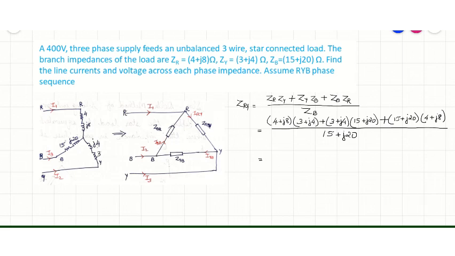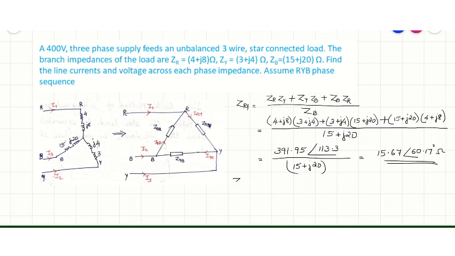So the equation will become like this, and we get the numerator as 391.95 angle 113.3 degrees. The denominator is 15 plus j20. So ZRY is equal to 15.67 angle 60.17 degrees.